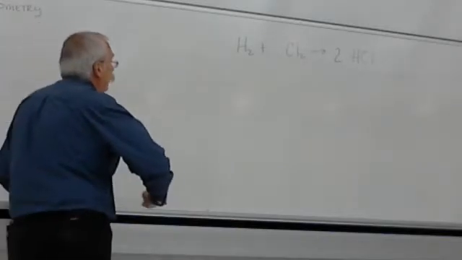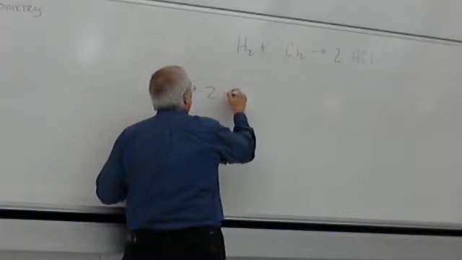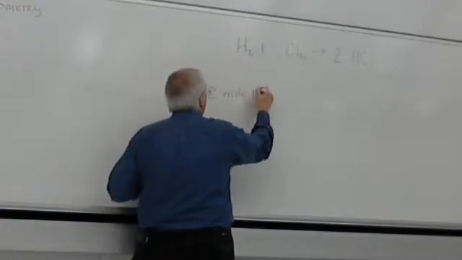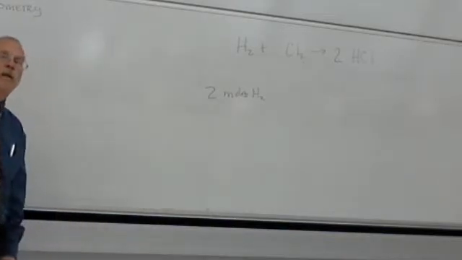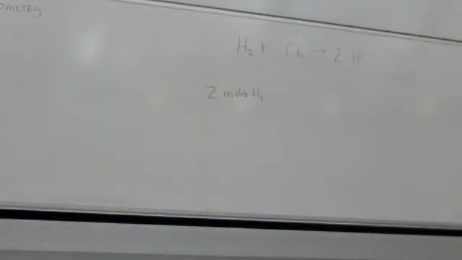So, this is very much like conversions. We start off with what we know: 2 moles of hydrogen. And I'm looking for a conversion factor that's going to change hydrogen into chlorine. Because I know hydrogen, my question is, how much chlorine do I need?